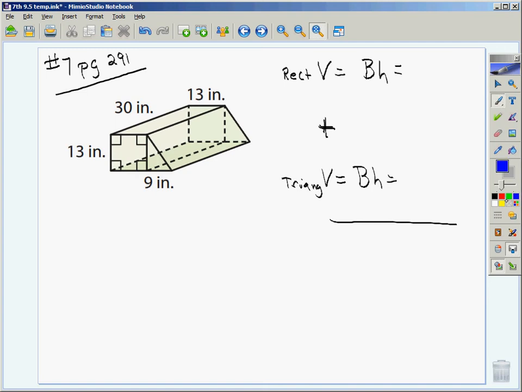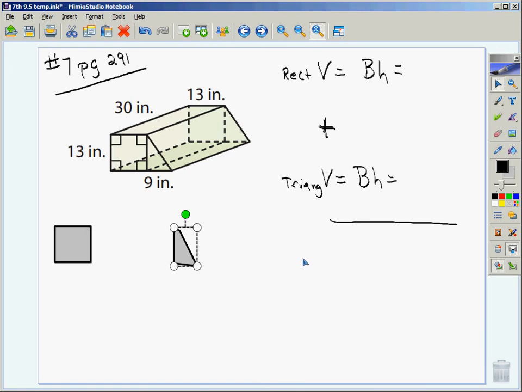Now, on this problem, when I go to separate out my base, I'm going to have to separate out 2 different bases. I've got to separate out this base and I have to separate out the triangular base. Everybody with me?